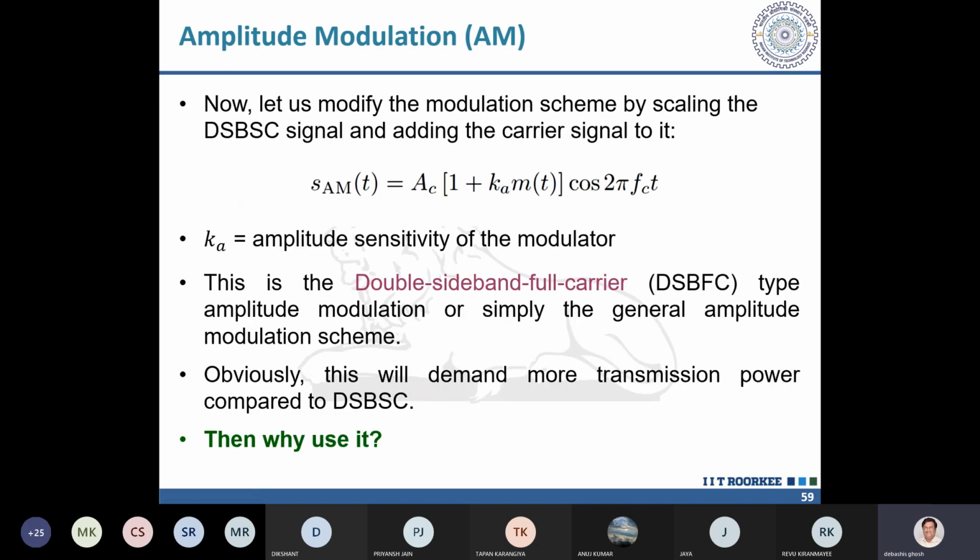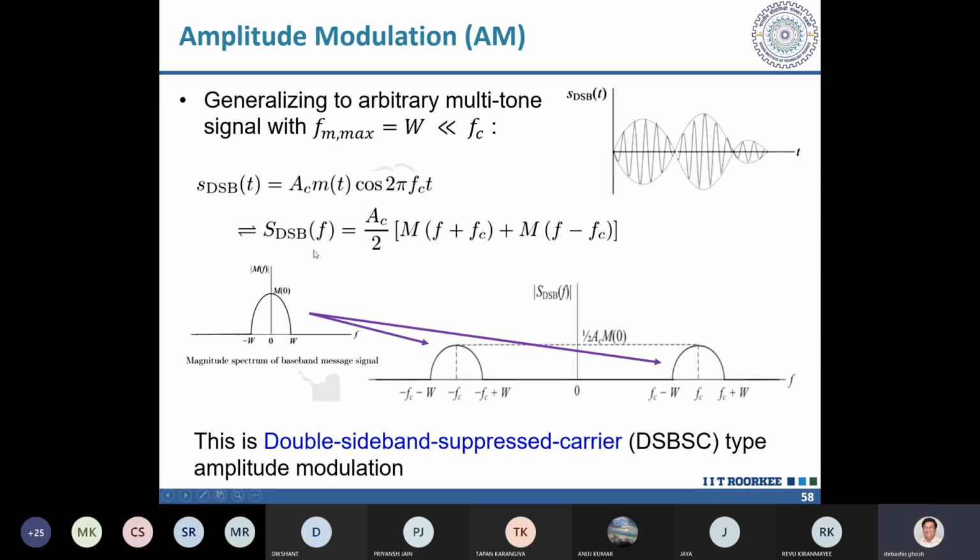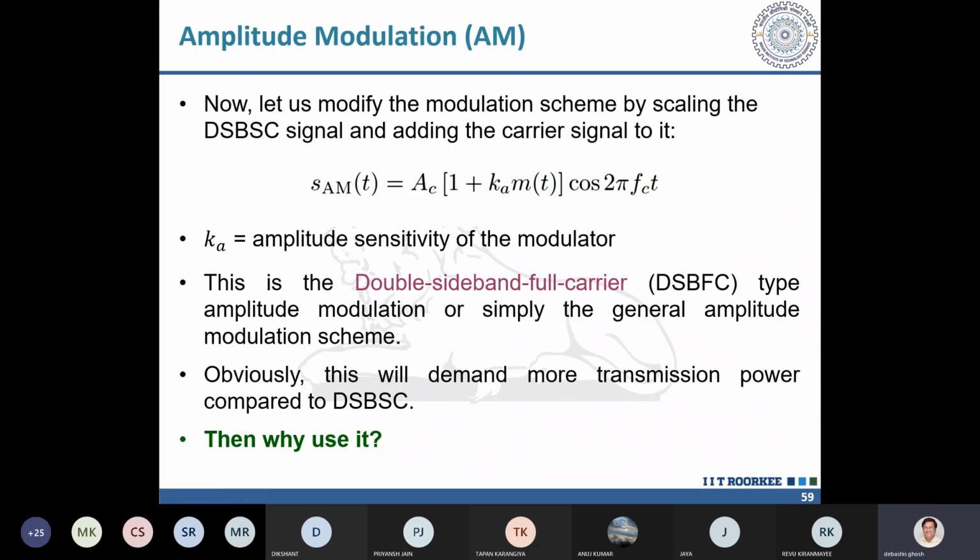If I do that, then you can see that one part of my signal is Ac m(t) cos 2πfct, and I multiply it with some factor Ka. This was my earlier one, Ac m(t) cos 2πfct, multiplied by Ka. That gives you one part.